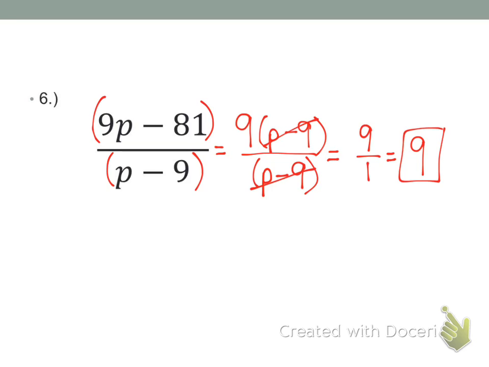If there were not any symbols in between them, like it was just P9, that means they're being multiplied. But if they put a symbol in between, they're stuck together as a binomial. Or if there are three terms, like we'll see on the next problem, then it's a trinomial, again, stuck together.